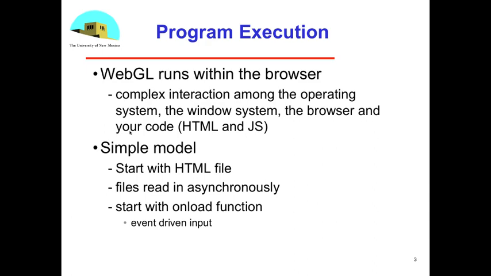These files are read in order. The code is executed, and what happens next is based on this onload function, which just says when you've read in all of the functions that are in that HTML file, now go to this point and start executing.